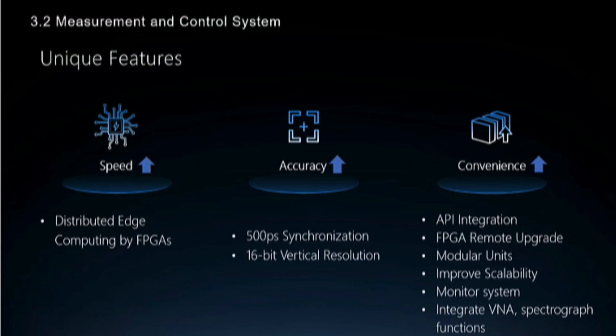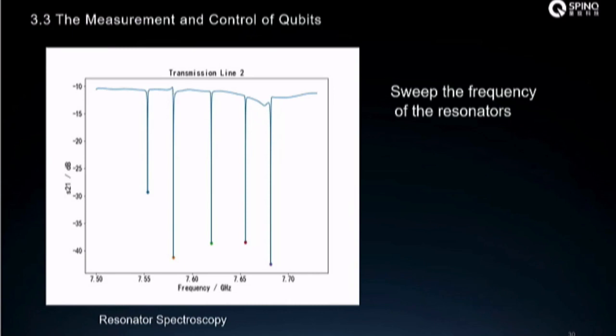And we have some unique features to make sure it's the best in speed, accuracy, and convenience. Like we use distributed edge computing technology with our FPGAs instead of CPU to make sure the speed will be increased significantly.